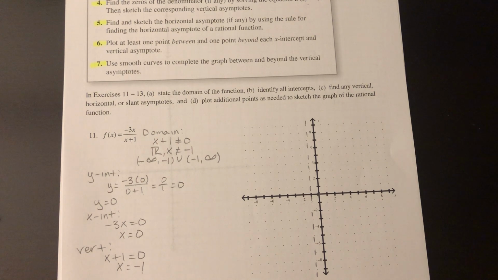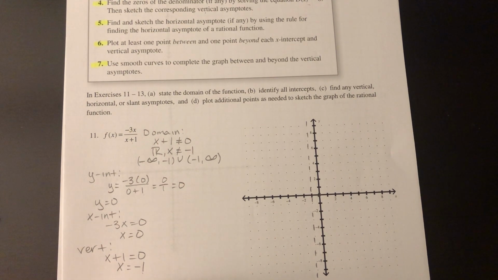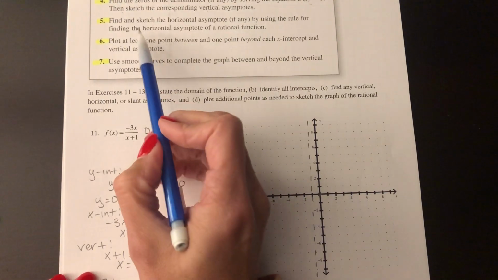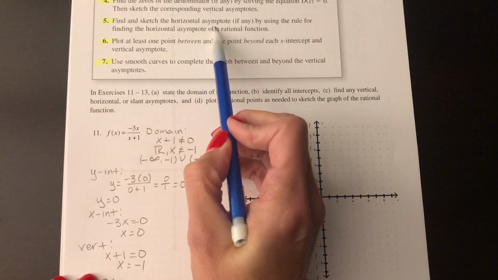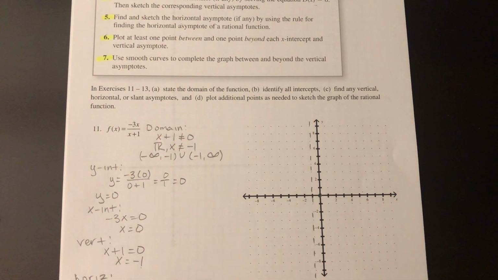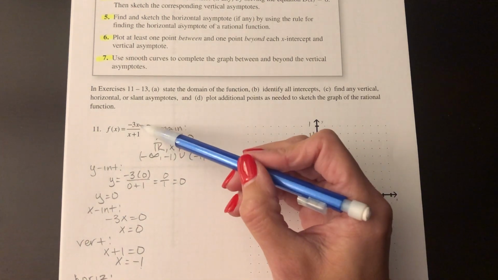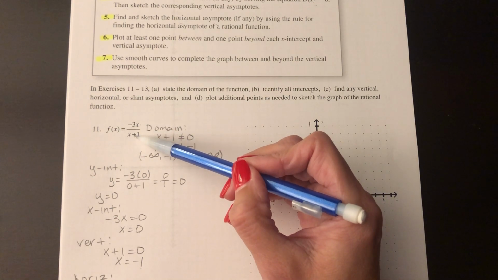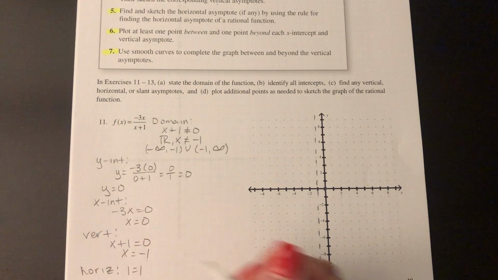All right. Now we're going to look for our horizontal asymptote. So that's step 5 up here. Find and sketch the horizontal asymptote. So you're going to have to go back to your notes from yesterday. And in this case, you're looking at your degrees. So the degree of the numerator is 1. And the degree of the denominator is also 1. 1 equals 1.